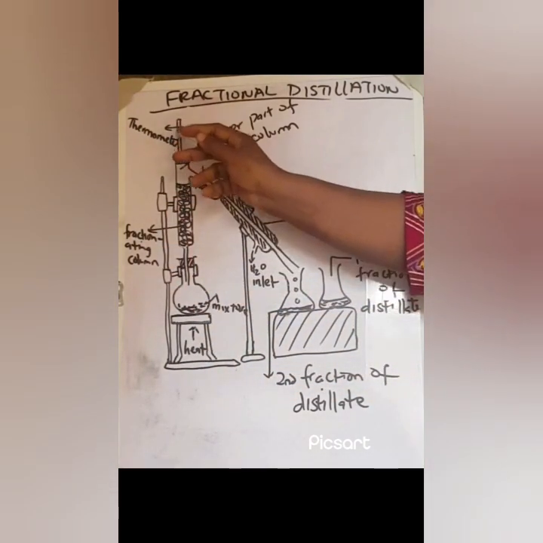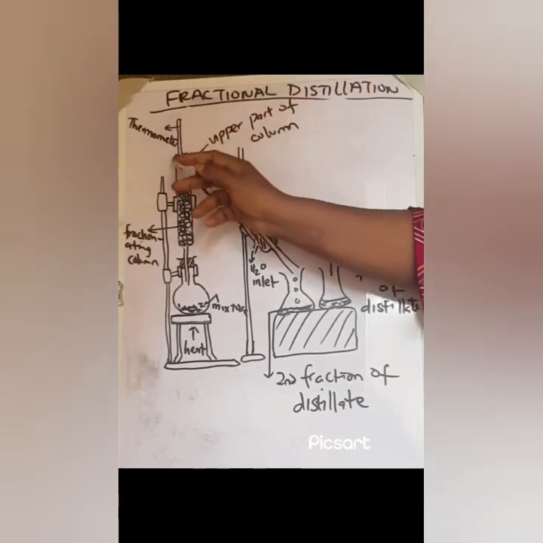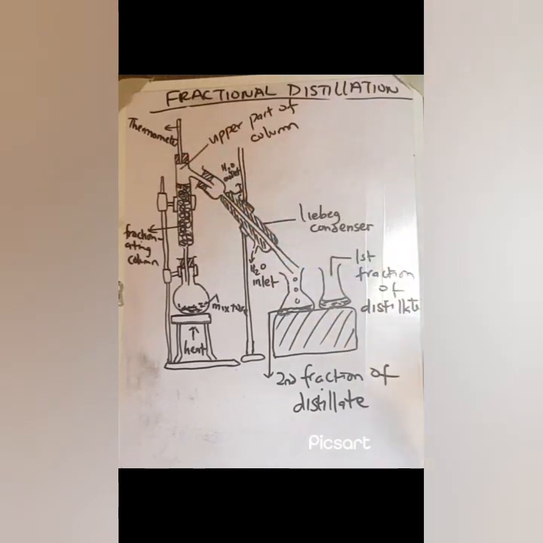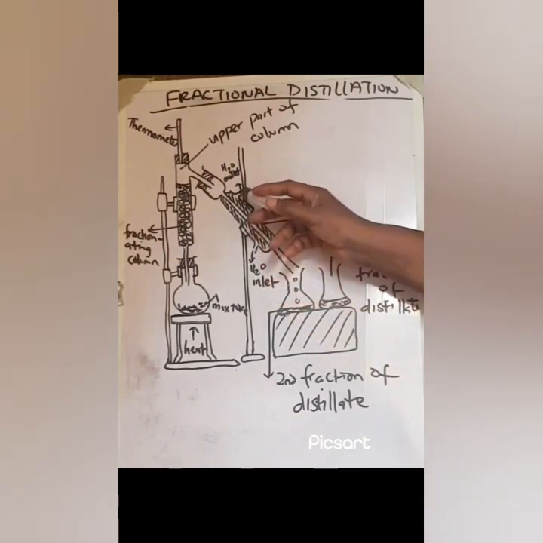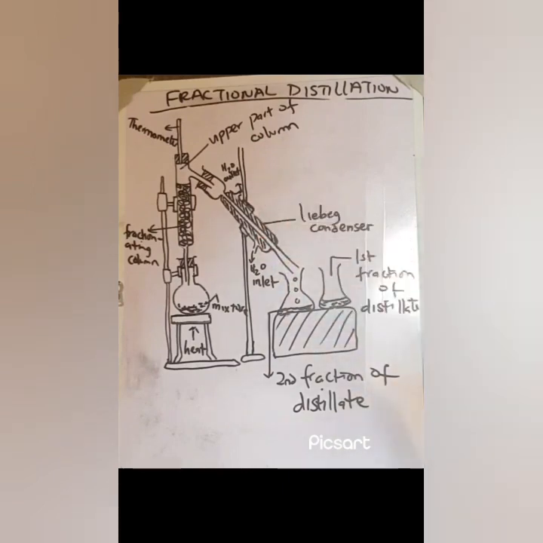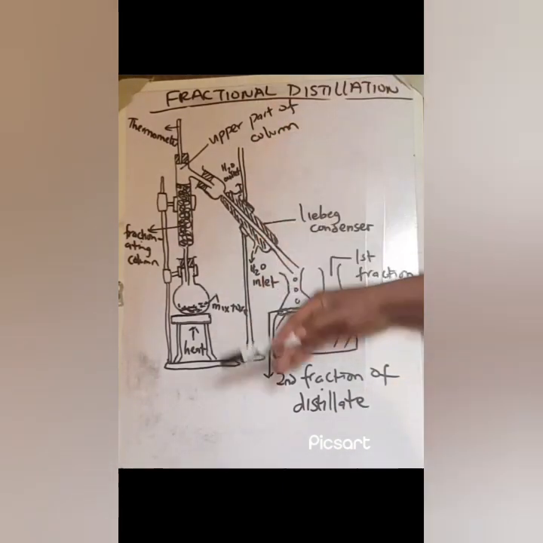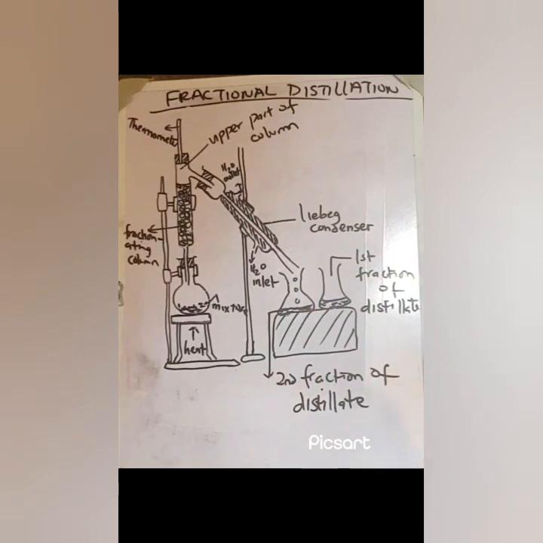Fractionating column. This is the thermometer, which is used to gauge the temperature here. This is the water inlet. This is the water outlet, which cools the condenser, and that is it. So this is the apparatus for fractional distillation.